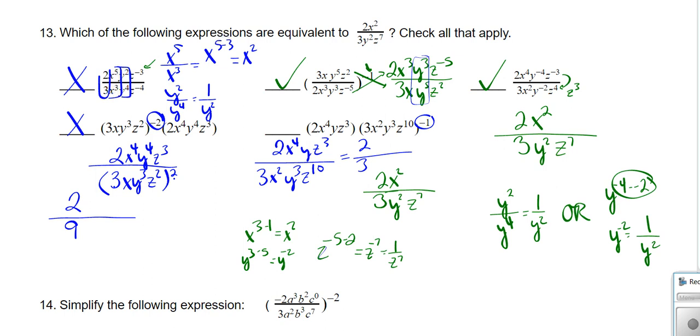X to the 4th over x squared is still x squared at the top. The y, I only have one y in the top and 3 in the bottom, so that's going to leave me a y squared in the denominator. Then I have 3 z's in the top and 10 in the bottom, so 10 minus 3 is 7, also in the bottom, and boom, that one is correct as well. Okay, that one was a long one. Pick back up with number 14.